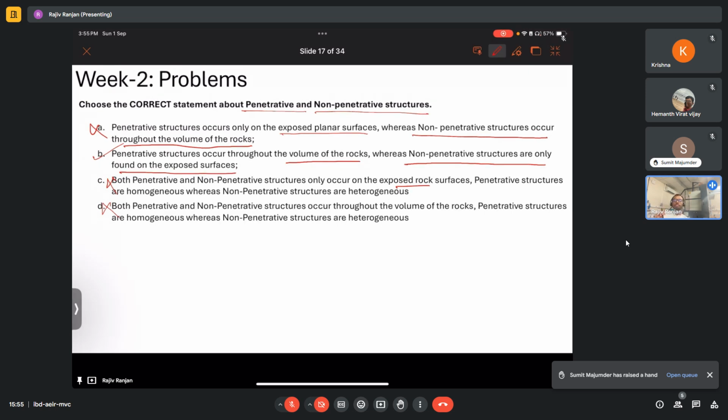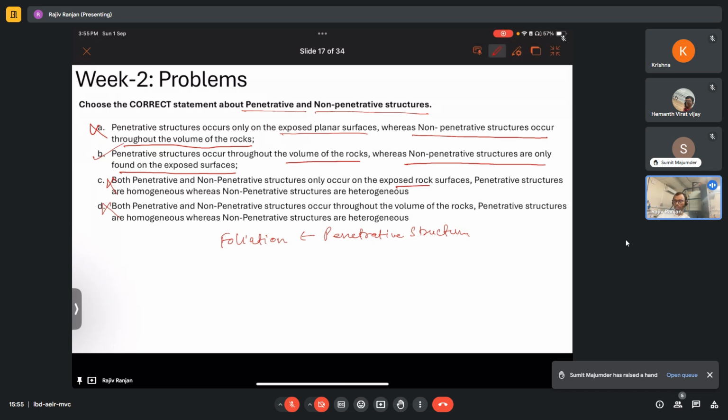Penetrative structures means that it is pervasive in nature. It is present in the entire rock, such as foliations. This is an example of penetrative structures. But non-penetrative structures are present only very locally.